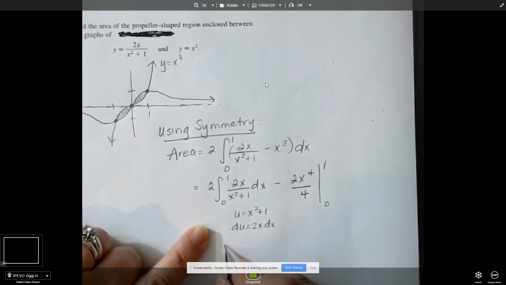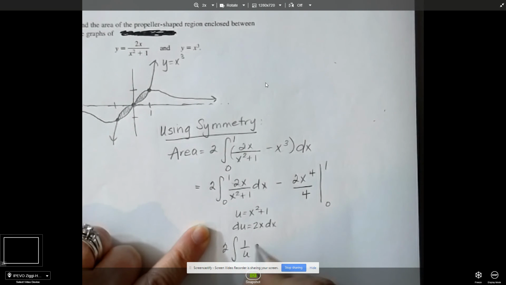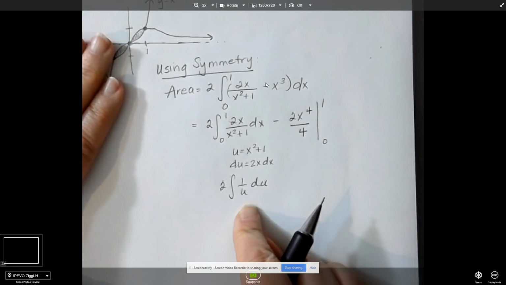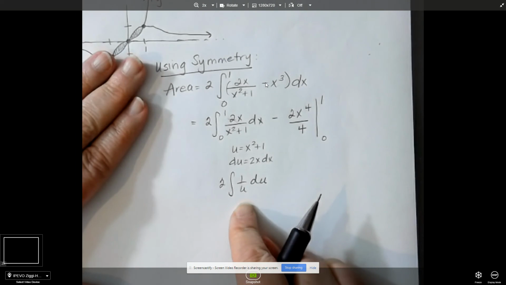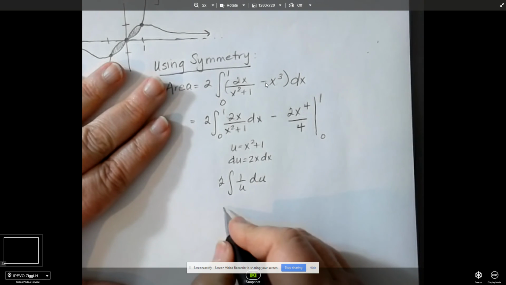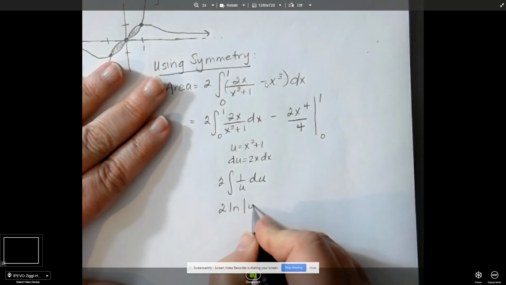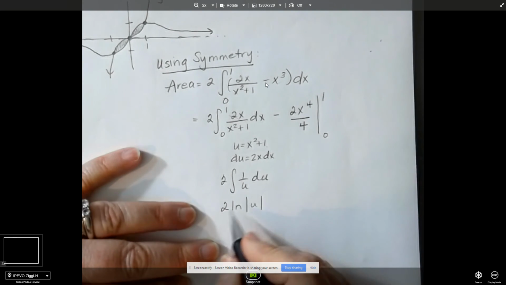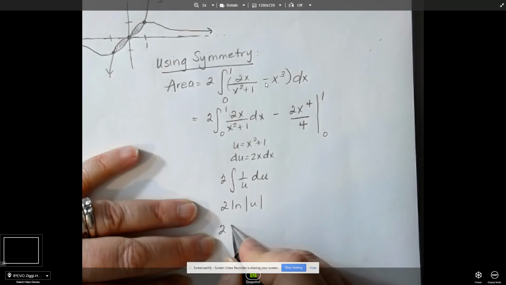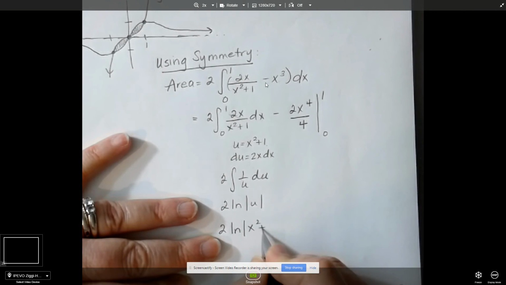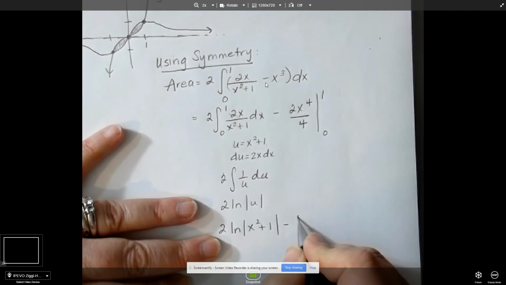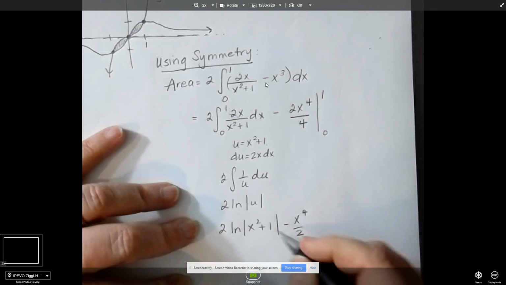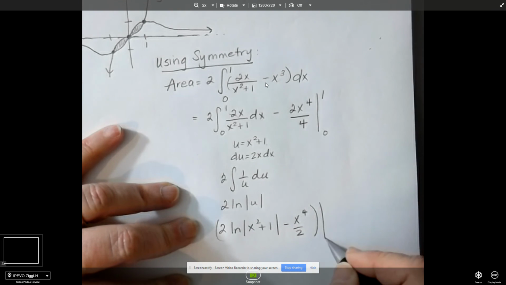And so then my integral becomes 2 times the integral of 1 over u du, but that's the natural log function. And so we can say 2 natural log of the absolute value of u. But what is u? We said u was x squared plus 1. So this is 2 natural log of the absolute value of x squared plus 1 minus, I'm going to reduce this, x to the 4th over 2, all evaluated between 0 and 1.